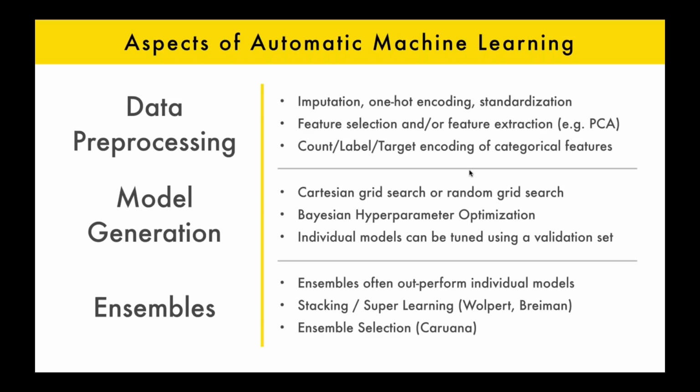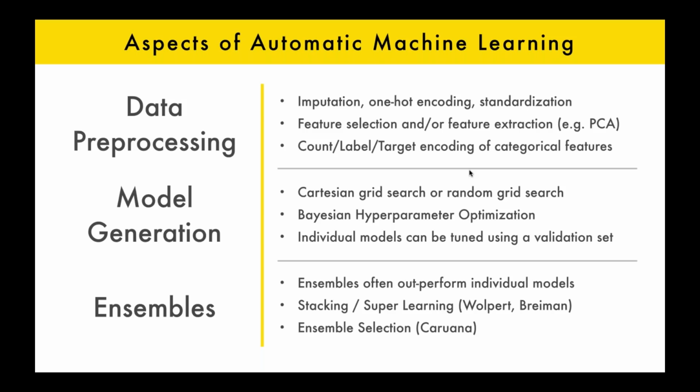So just to get a little bit more specific on data pre-processing, I mentioned imputation is the filling in of missing values if you have those. One-hot encoding. Some algorithms require some amount of standardization, like GLM or things like that. Some other things that you can do in automatic machine learning is feature selection or feature extraction.